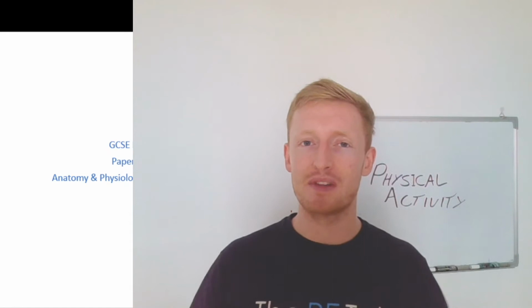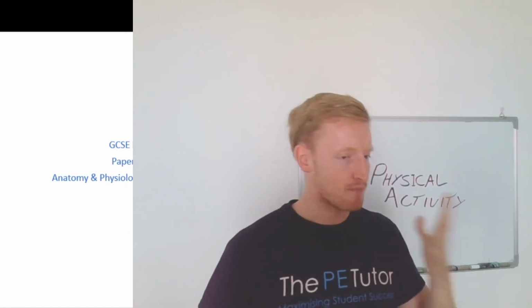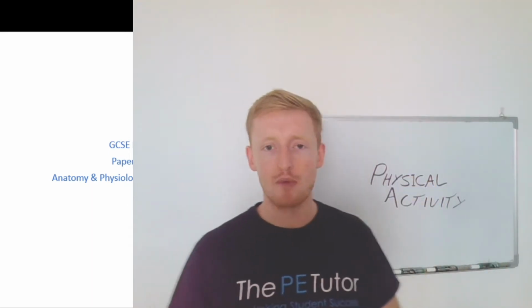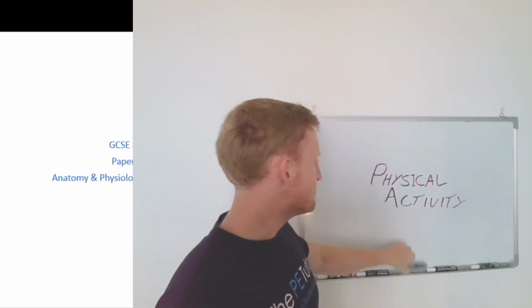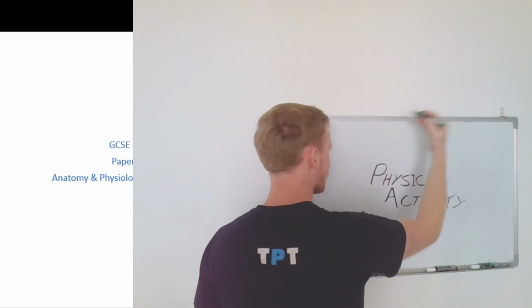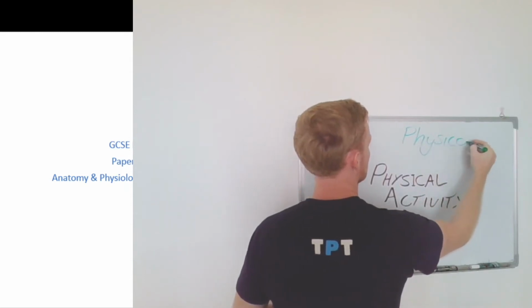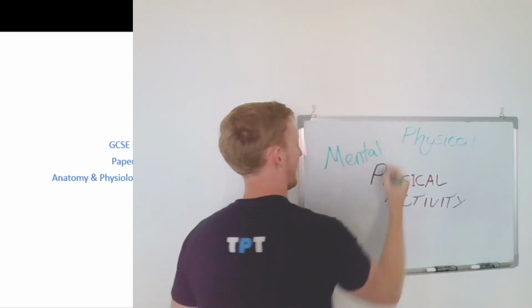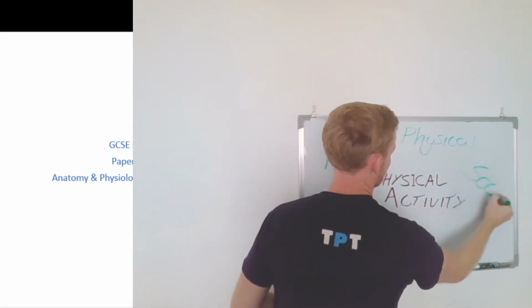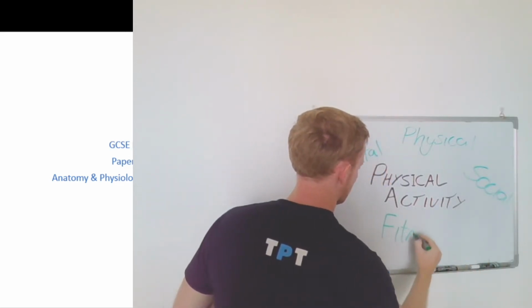So what we're going to start with today is a little bit of a recap on where we've been so far with health and fitness, and then we're going to move that into what I've got on the board behind me, which is physical activity, and how physical activity actually impacts on our overall health, be it the physical component, be it the mental component, and then lastly we'll be looking at the social component and the fitness component.